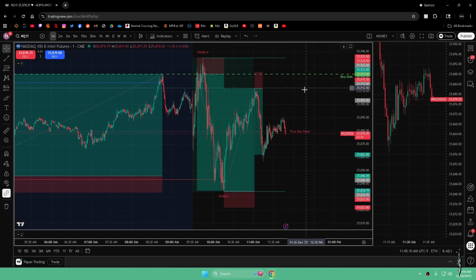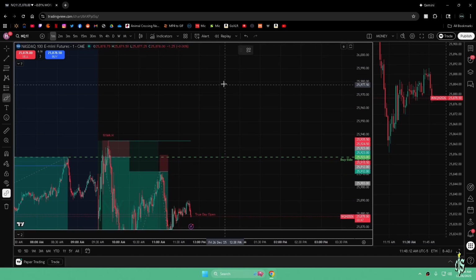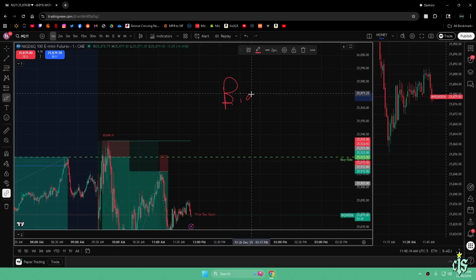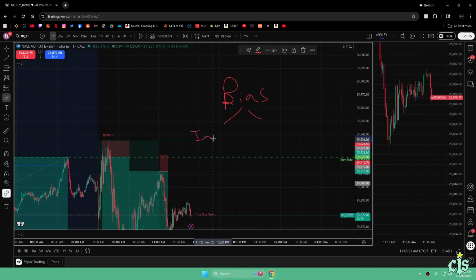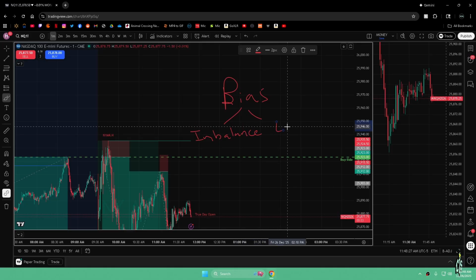Besides that, just make sure you have the right bias. Bias is key in the market. And to do bias, you need to find your imbalance and liquidity.